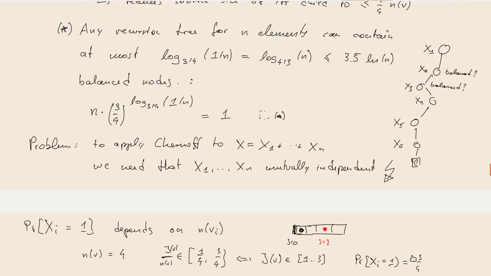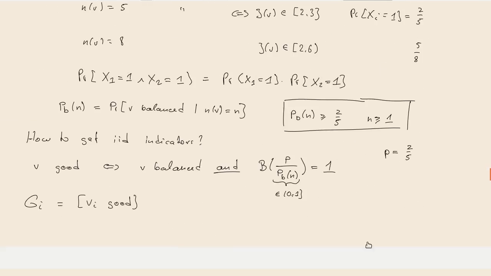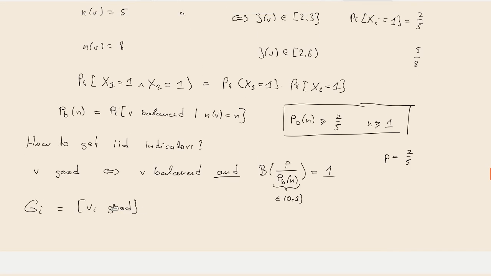I haven't formally defined the v's, so that will follow in a second. But imagine you have a path of nodes that starts at the root and goes down to some leaf, and these are called v_i. Then each of these can be good or not, depending on the partitioning choices. And you can define these indicator events.